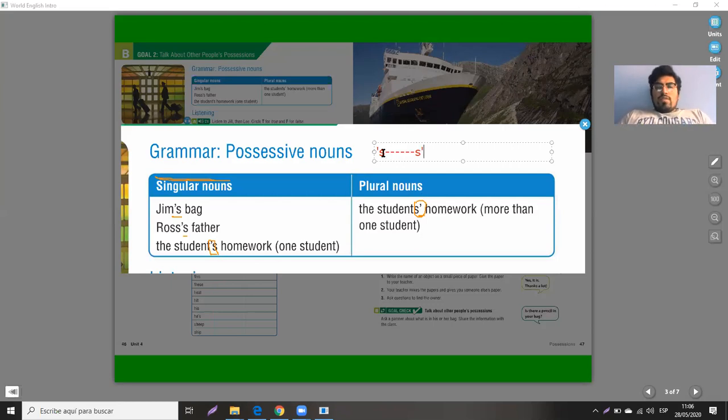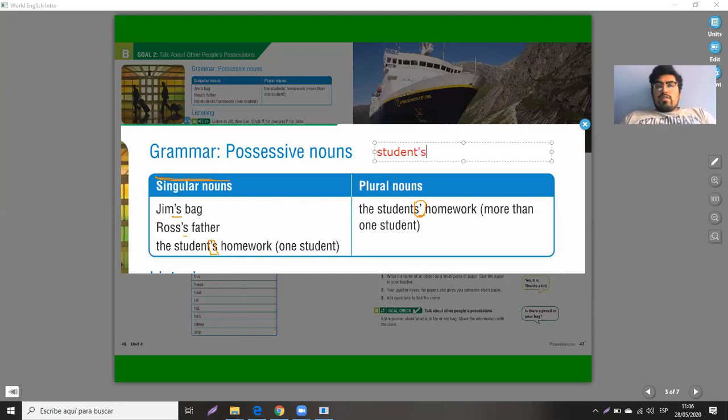So what is the difference? The difference here is that student is singular, yes? Student is singular. And what is the possessive noun of student?